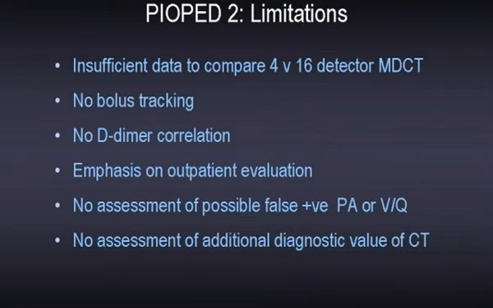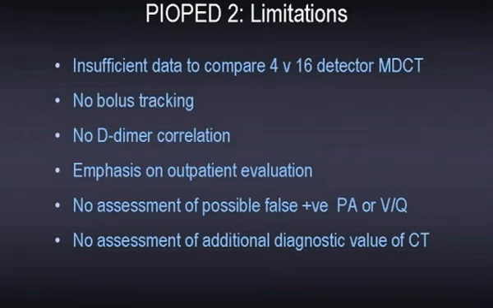Well, in addition to the limitations I've already mentioned, there are a few other limitations that have become apparent in clinical meetings, and that is that there is insufficient data to compare 4-slice scanners versus 16-slice scanners. Most of these studies were performed on 4-slice scanners. All the studies were performed without any bolus tracking. There was no correlation with D-dimer. There were no sick patients in this group. They were all outpatients.